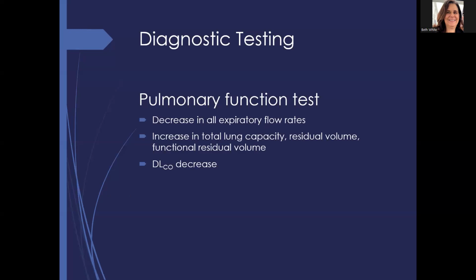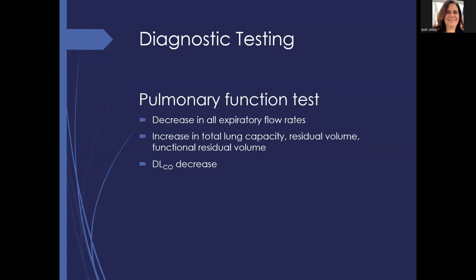You're going to have an increase in your total lung capacity, residual volume, and functional residual capacity. The patients are hyperinflated. They can't exhale all their air out. Because they're hyperinflated but still need to take a breath, take more air in to get some fresh oxygen, they are going to become hyperinflated with those flat diaphragms. So you're going to see an increase in total lung capacity, residual volume, and functional residual capacity because of air trapping. And then you're going to see a decrease in their DLCO if you run that test.